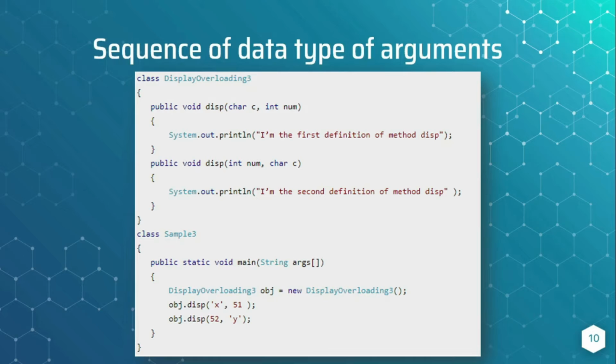Since the sequence is different, the method can be overloaded without any issues. So based on the code, our output is first, "I'm the first definition of method disp", followed by "I'm the second definition of method disp".